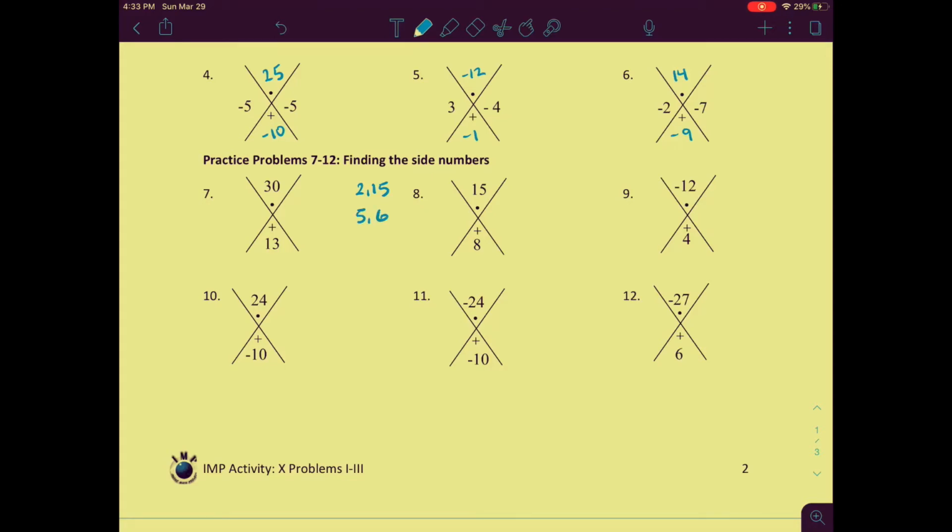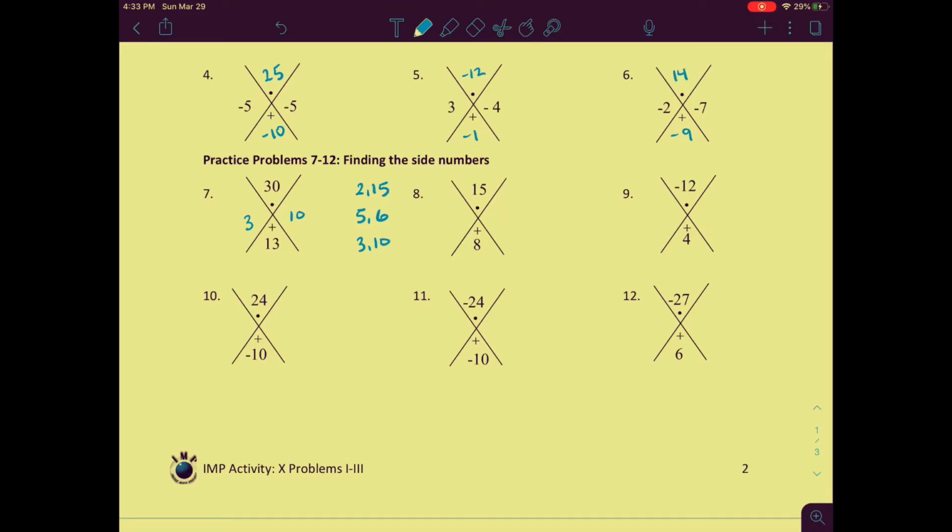I'm going to try 5 and 6. If I multiply 5 and 6 together, I get 30, but when I add them up, I get 11. So once again, this does not work. Now, if I try 3 and 10, I believe this will be the pair of numbers that works. 3 times 10 gives me 30, and 3 plus 10 gives me 13.